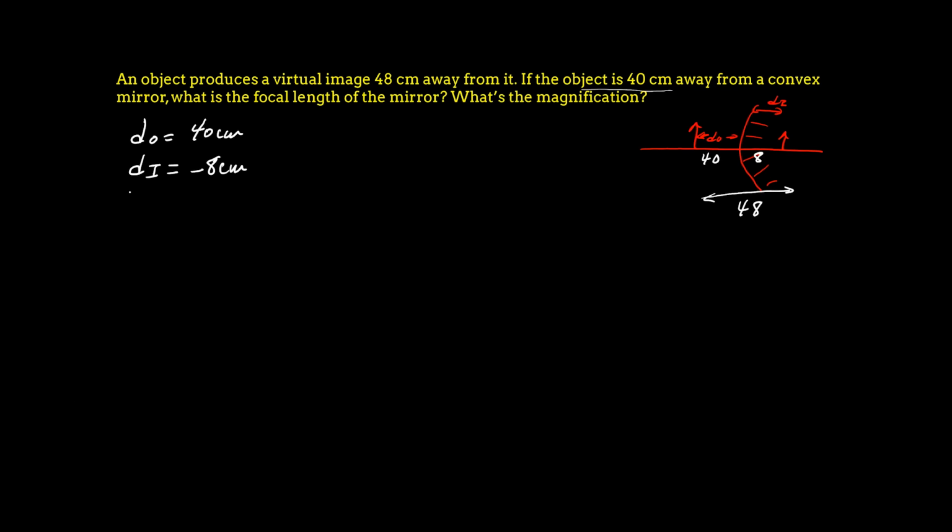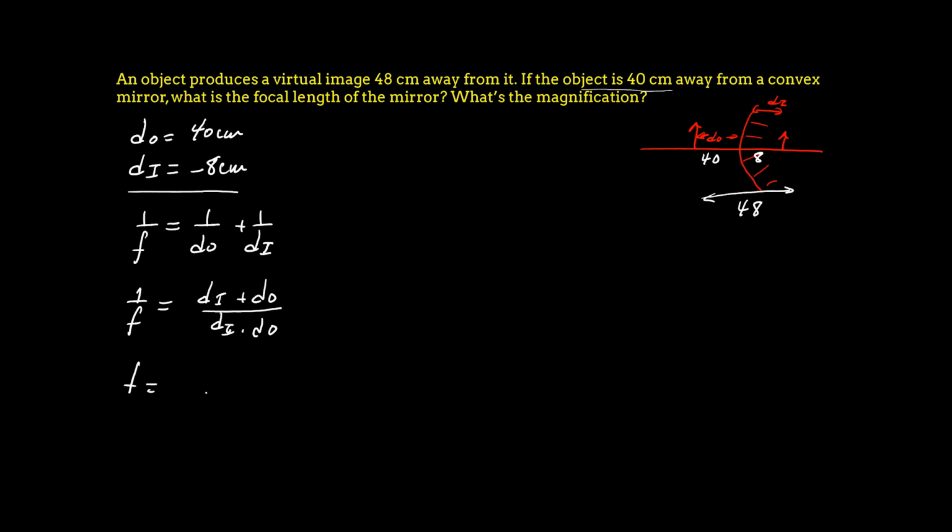What's the focal length? So 1 over F is 1 over DO plus 1 over DI. So 1 over F is again DI plus DO over DI times DO. Now flip those.